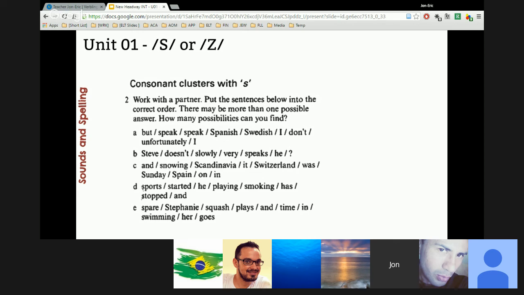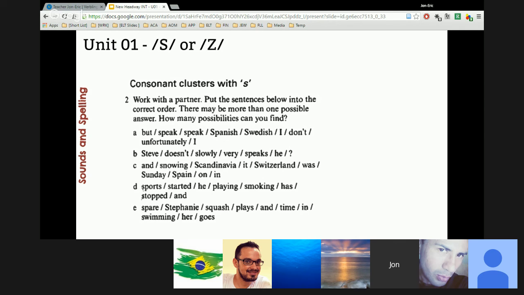In Spain. In Scandinavia. Find the verb. Was it? No, it was snowing. Good. Where? Spain and Switzerland in Scandinavia. When?